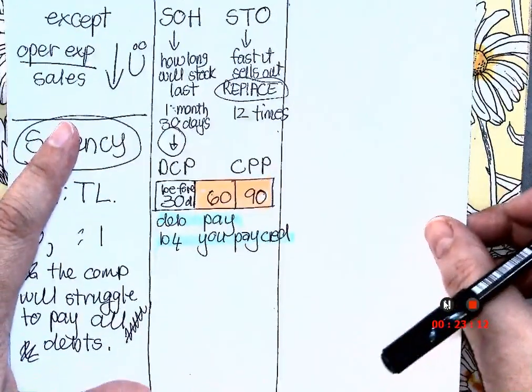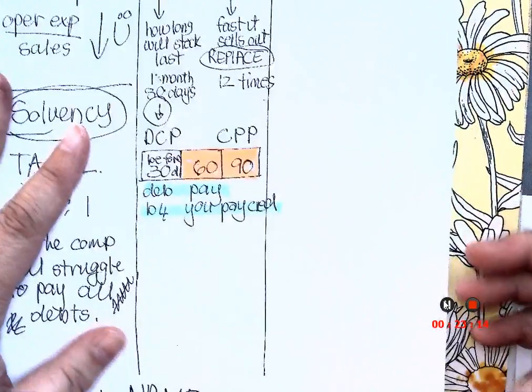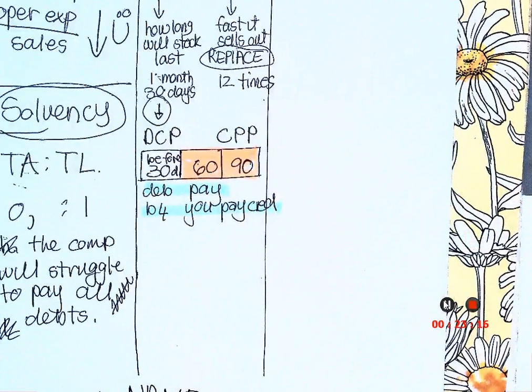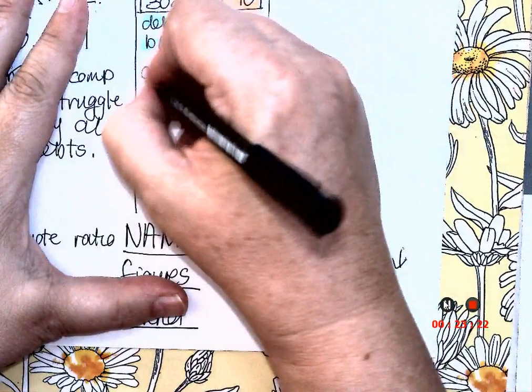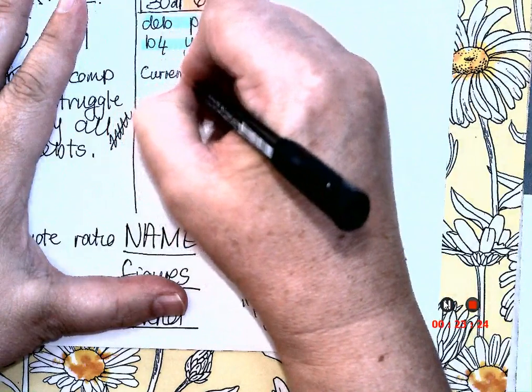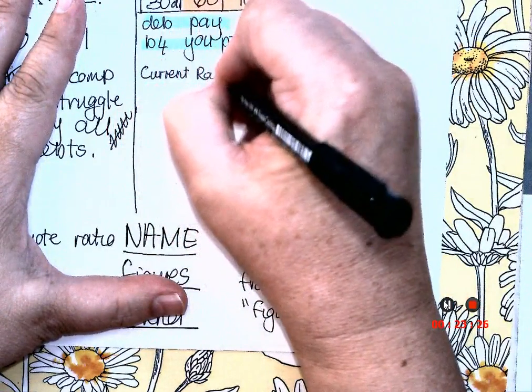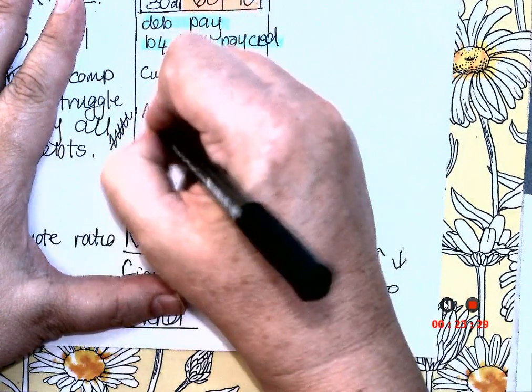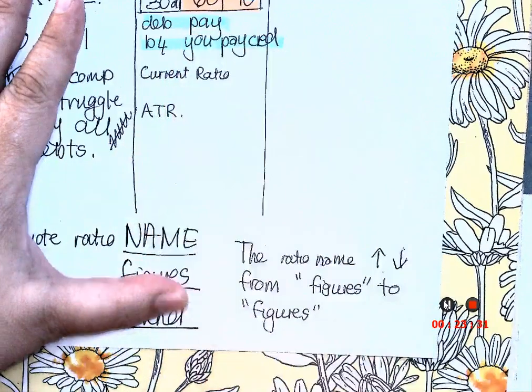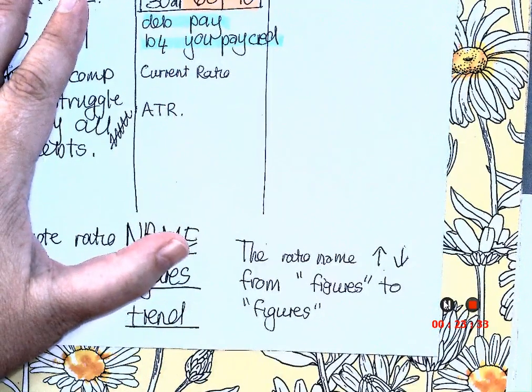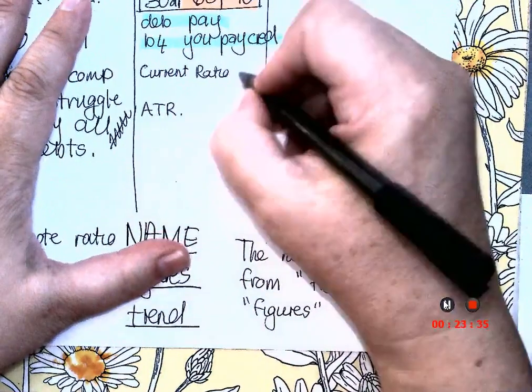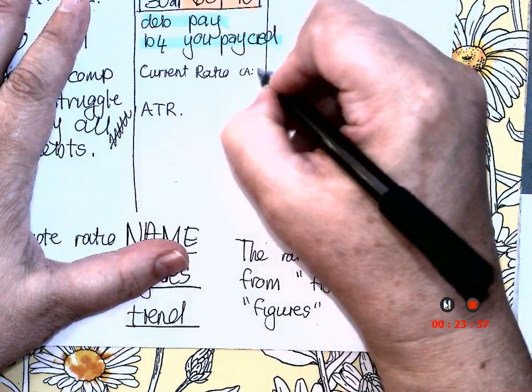The next 2 are the ones where you need to see the relationship. We have done the current ratio and the asset test ratio. The current ratio is my current assets to current liabilities.